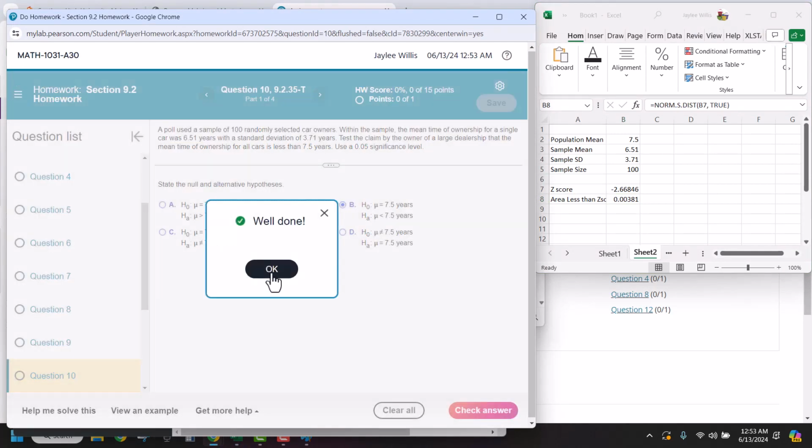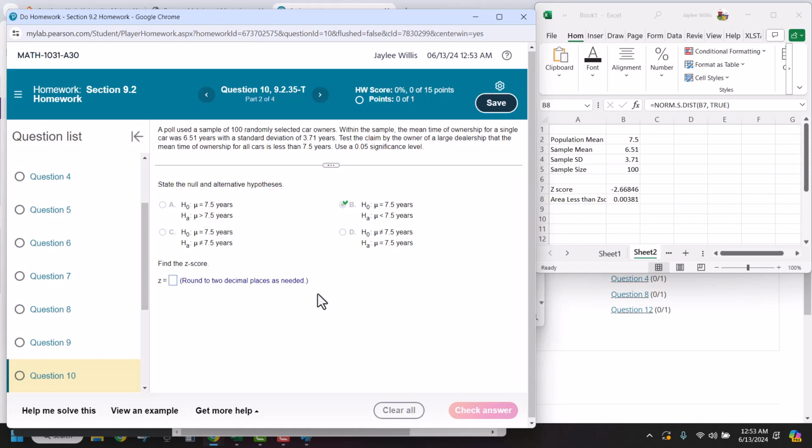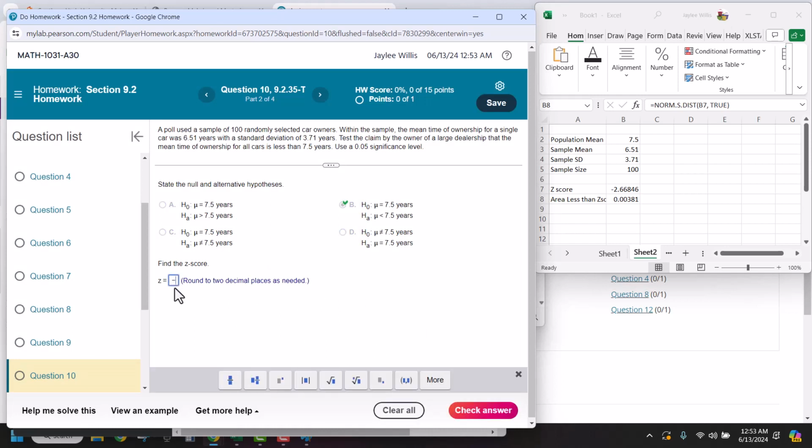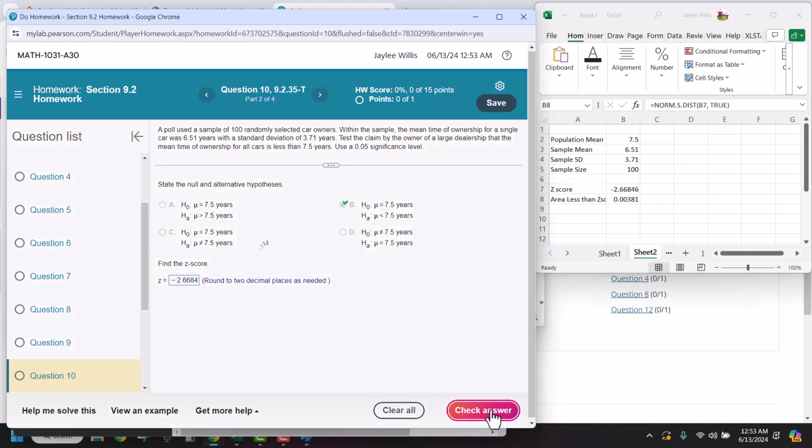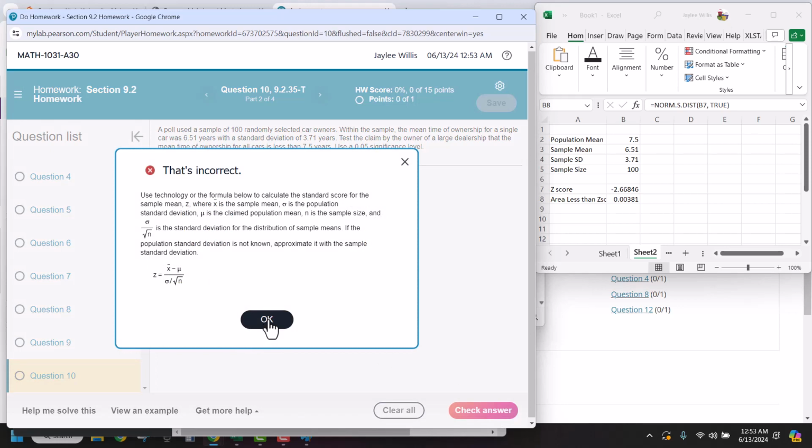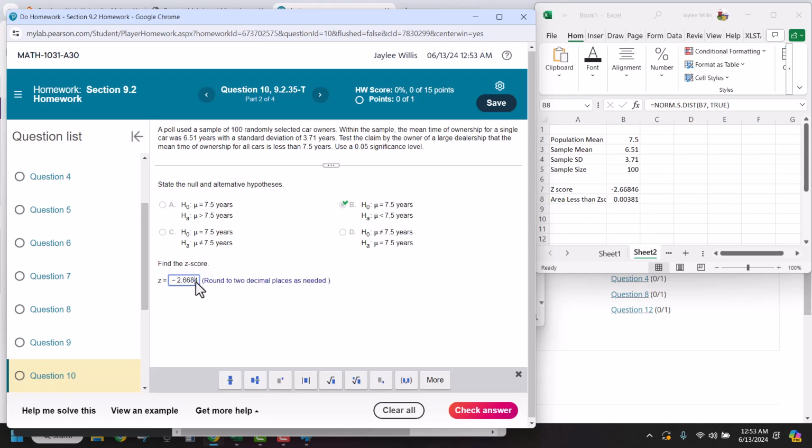So to finish out this problem, to show you what the rest of it would look like, here's that z-score we calculated, negative 2.6684. Oh, maybe I rounded it wrong. Yep, that was wrong.